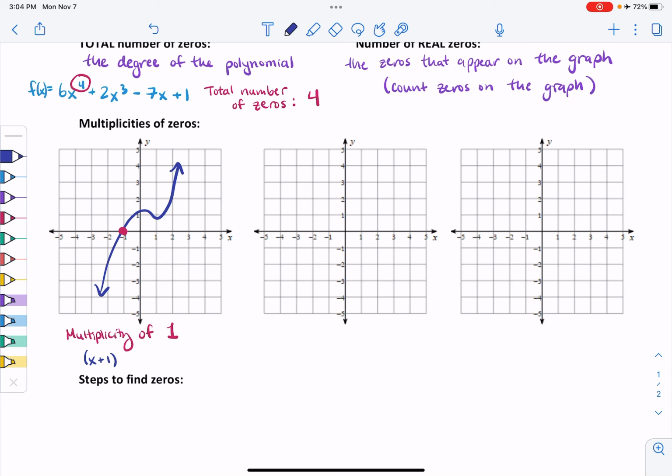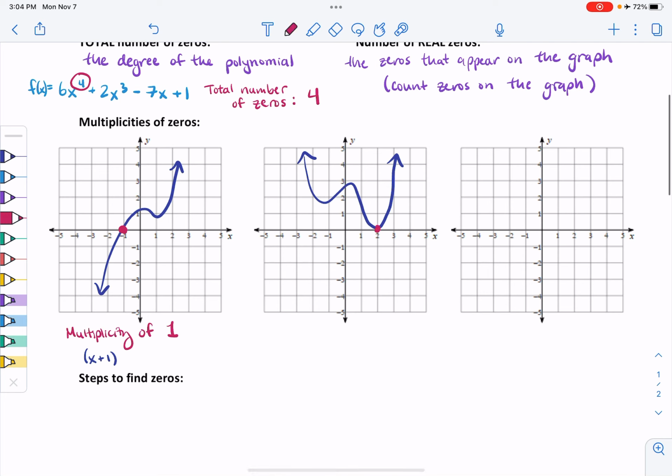Now, if we get a multiplicity of a zero that, say, bounces like that, it looks parabolic, okay? So it just touches the x-axis. That means it's a multiplicity of 2, or an even multiplicity.